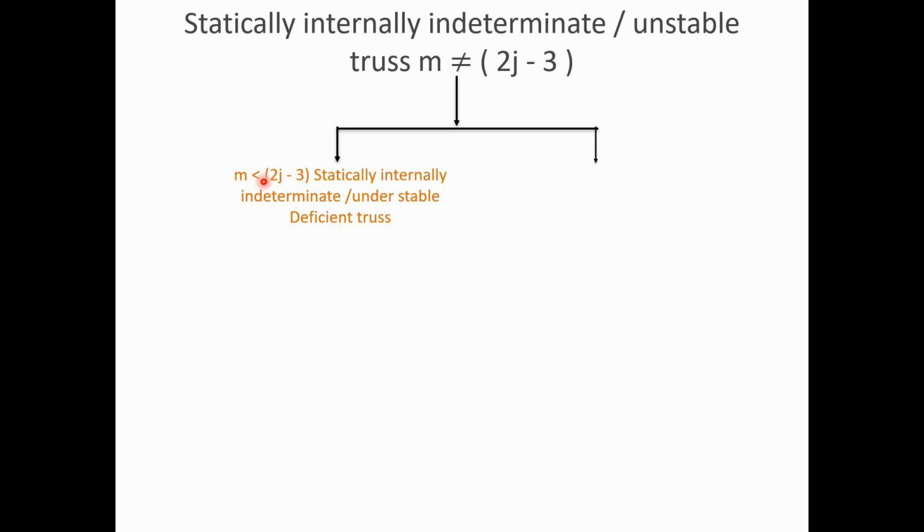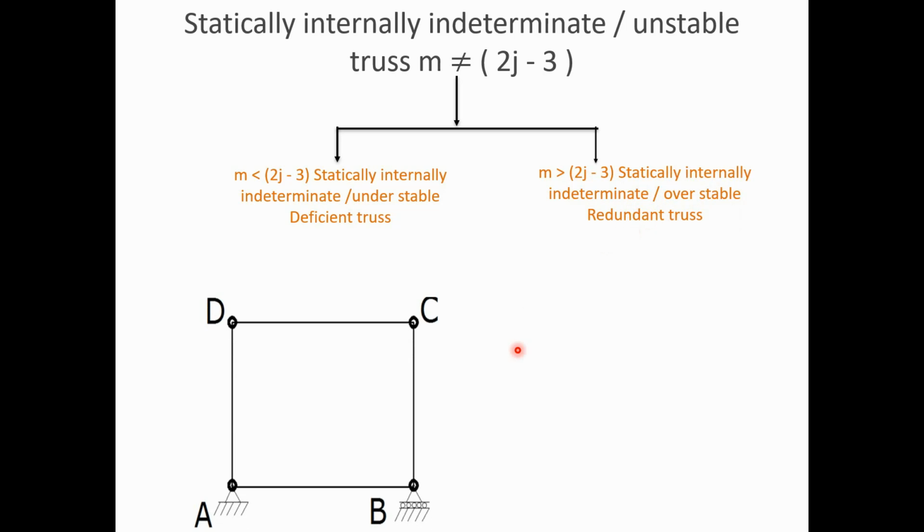Another condition is m is greater than 2j minus 3, where the number of members is more than 2j minus 3, then that truss we call statically internally indeterminate truss, or overstable truss or redundant truss. So there is a redundancy of members in the truss, or there are some members more than required in this case. Let us discuss one example of truss.